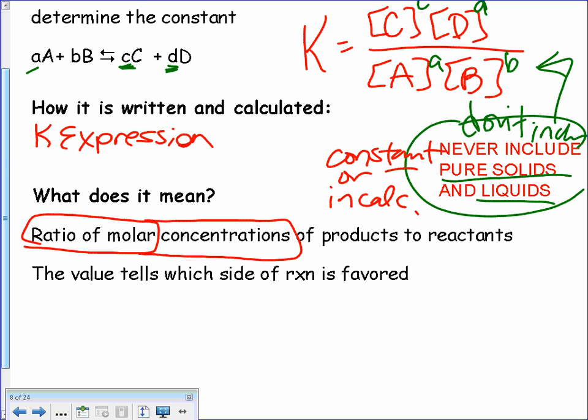There's A and B. Go ahead and write the equilibrium expression, the K expression. So on your paper, you're doing A and B, 1 and 2.